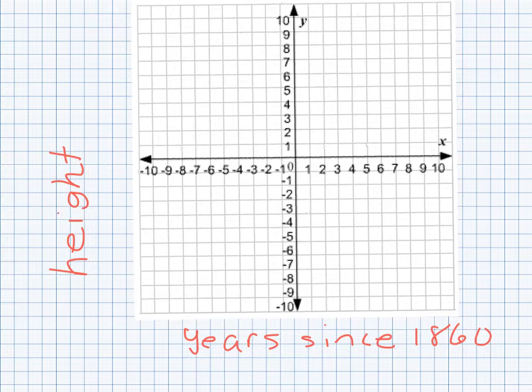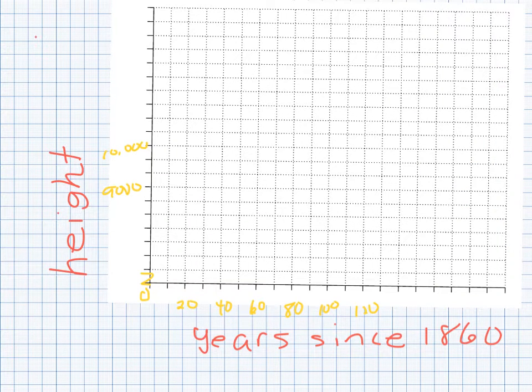Now, let me see if I can find a different graph here. I had one graph that had all 4 coordinates, but we just need the 1 coordinate, so I switched it up. If you look down here at the bottom, I have the years since 1860, and I have 20, 40, 60, 80, 110.